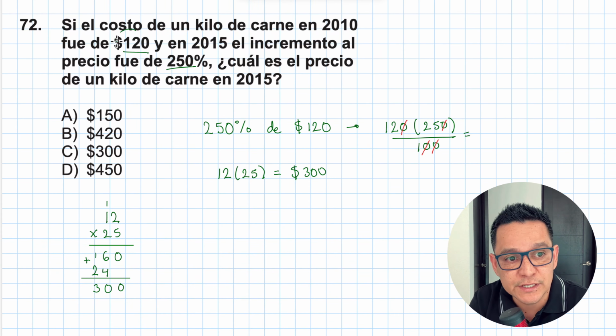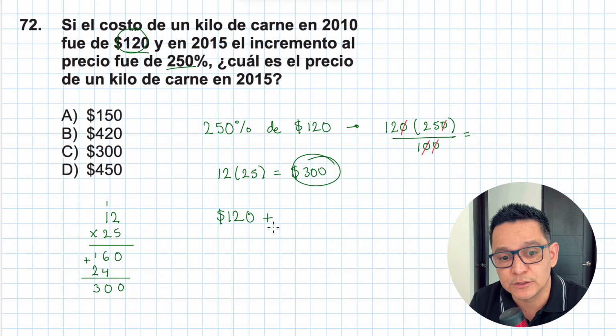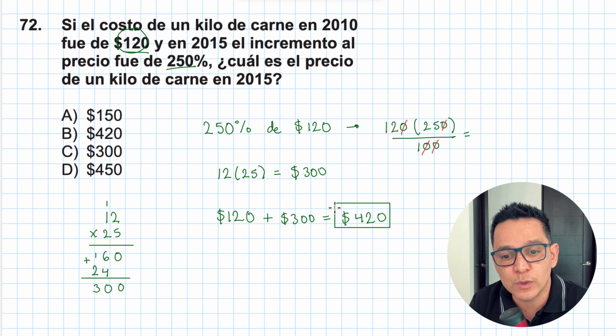To the 120 it used to cost, I have to add that increase to the price, which was 300 pesos. So let's put 120 plus 300, and that gives me 420, right? The correct answer then is 420. So let's circle that option.